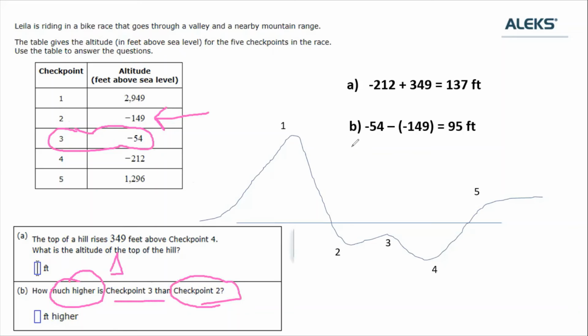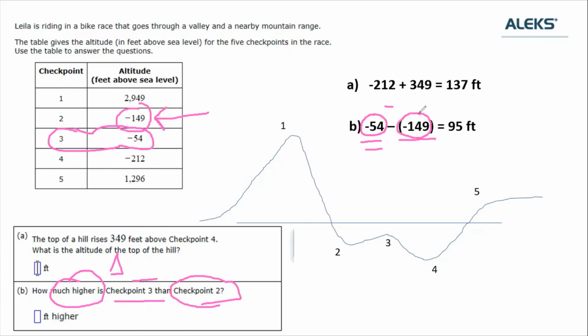So we take checkpoint 3 right here, -54, checkpoint 3 minus checkpoint 2, -149. When we want to find the difference between two things, we subtract, so we say -54 minus -149.